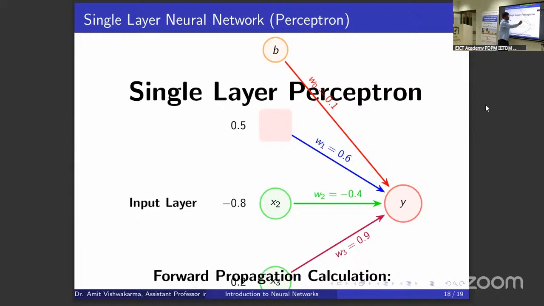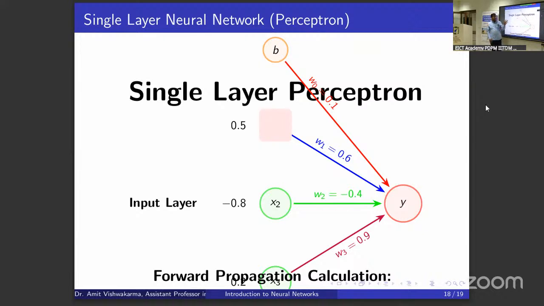This is the bias term which is connected to Y. Y is the output, a processing unit. What we do generally: W1 multiplied by 0.5, W2 multiplied by minus 0.8, W3 multiplied by 0.2.